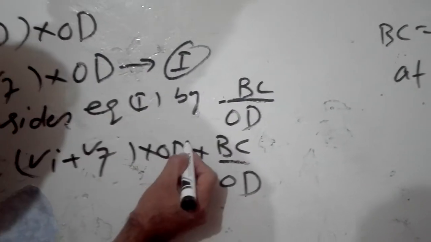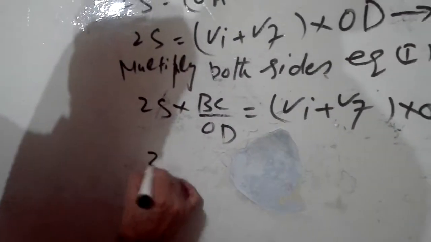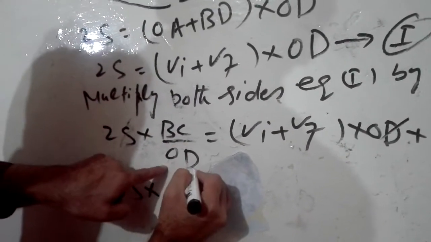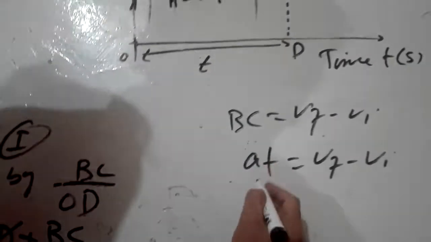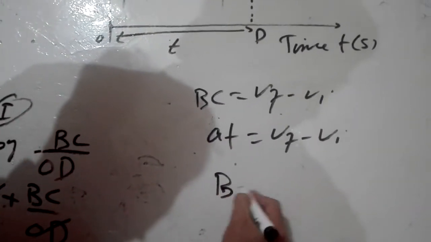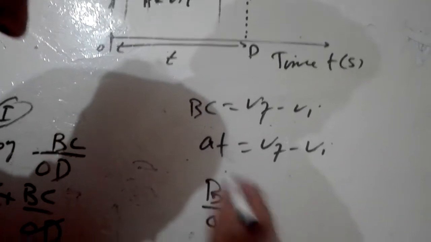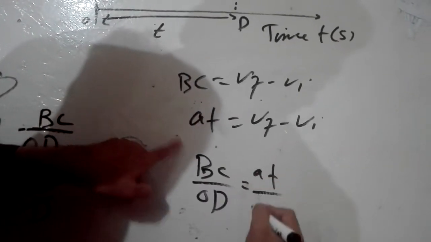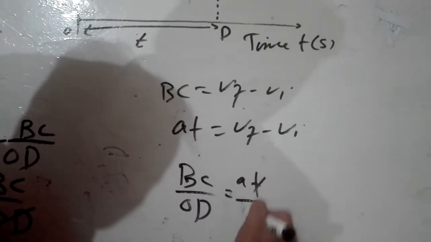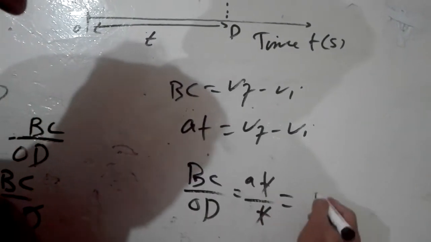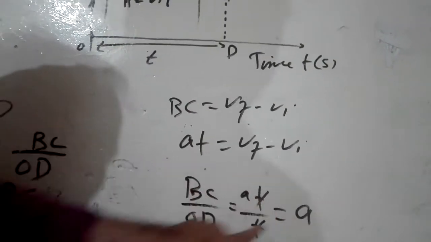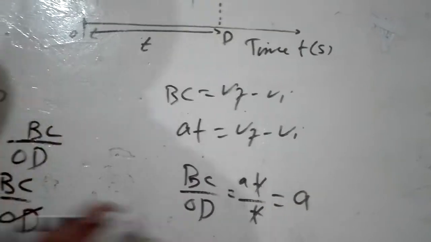Now if I solve this, OD cancels with OD, and on the left side we have 2S and BC over OD. BC is equal to AT and OD is time. So clearly when time is cancelled with time, it gives you acceleration. A is remaining behind. So you can put the value of BC over OD as A here.